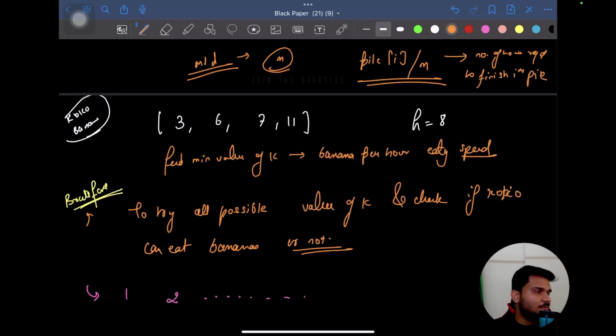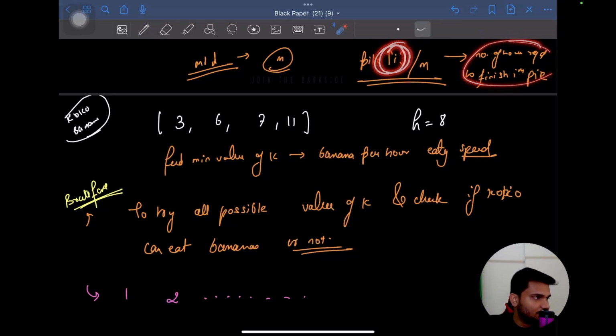If your banana eating speed is 2 bananas per hour and the pile has 8 bananas, how many hours do you need to complete this pile? You need 4 hours, because every hour you can eat 2 bananas. There are 8 bananas in total. So if I divide piles at i by m, you get the number of hours to finish the ith pile.